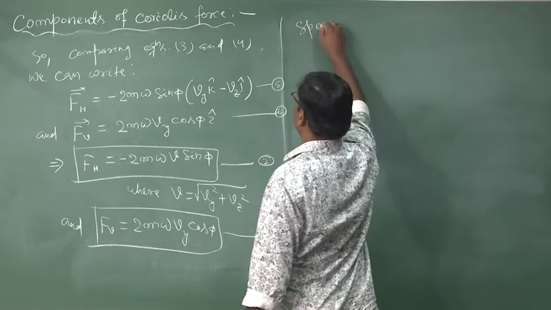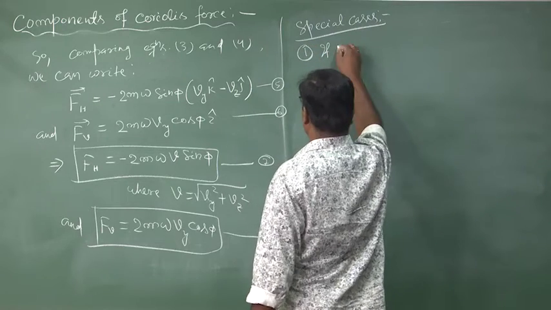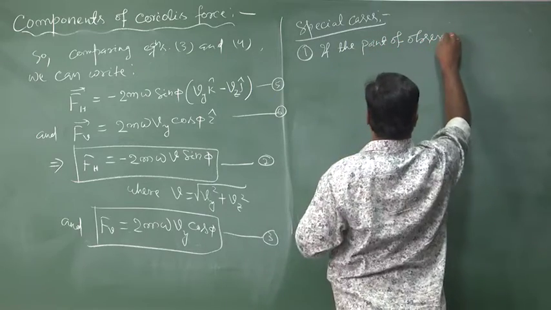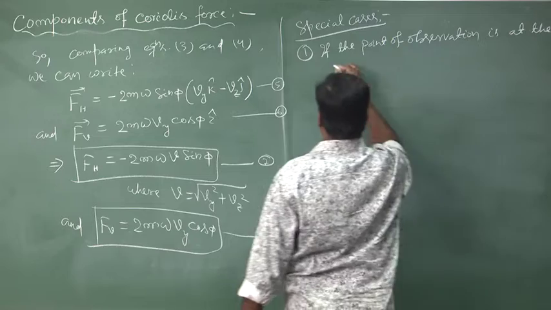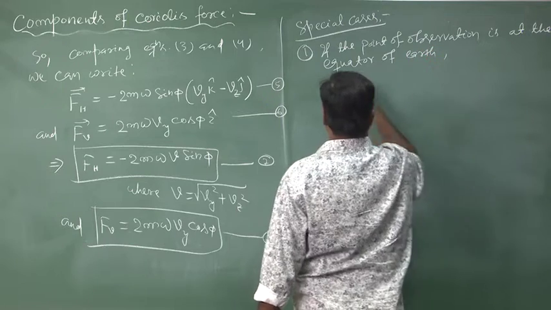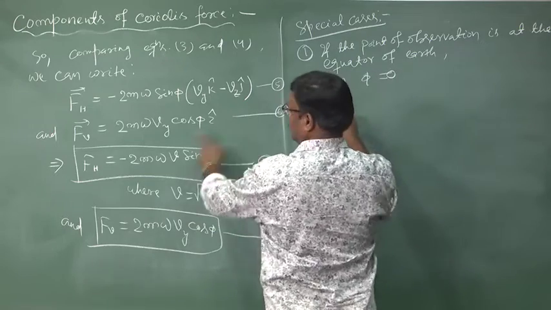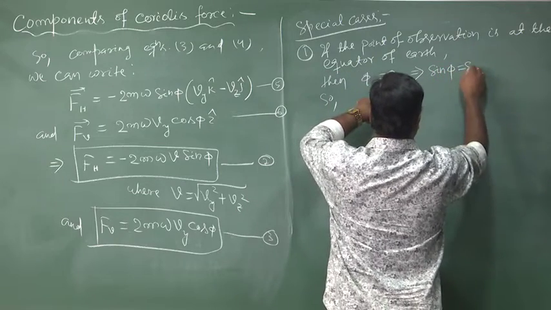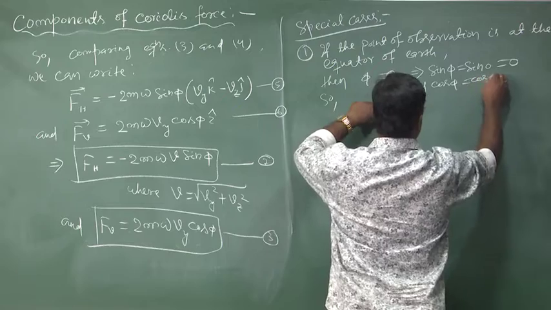Special cases: number 1, if the point of observation is at the equator of earth, then phi is equal to 0, which implies sin phi is equal to sin 0 is equal to 0 and cos phi is equal to cos 0 is equal to 1.